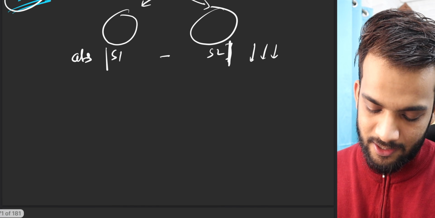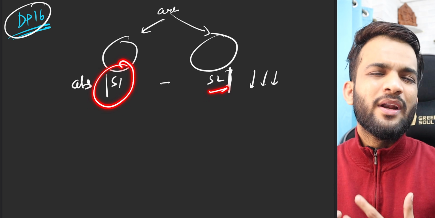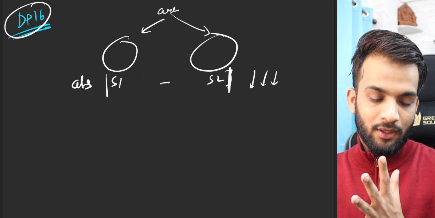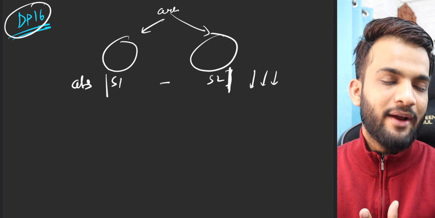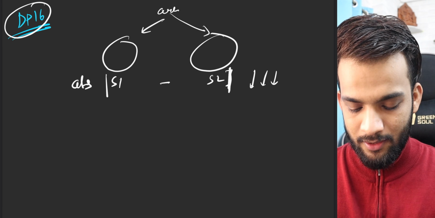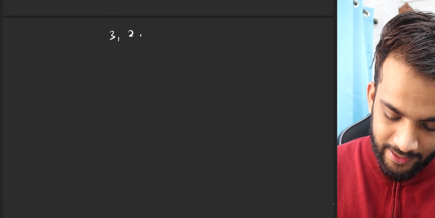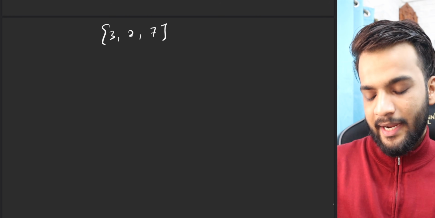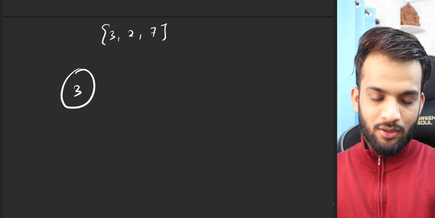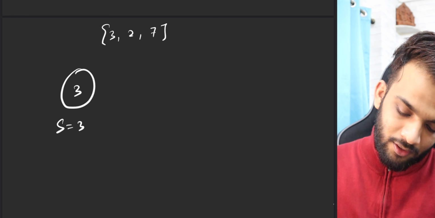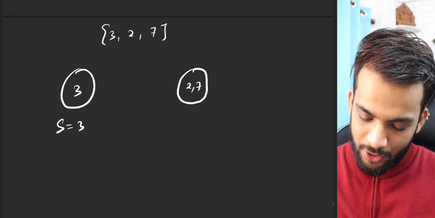So can I say if I can just figure out S1, I don't have to figure out S2? Think it yourself. I repeat, if I can figure out S1, I don't have to figure out S2. Why? Let's realize. If I give you an array like 3 2 7, and one of the partitions contains 3, so the summation is 3. Do I need to find the other partition, 2 7, and do the summation as 9?